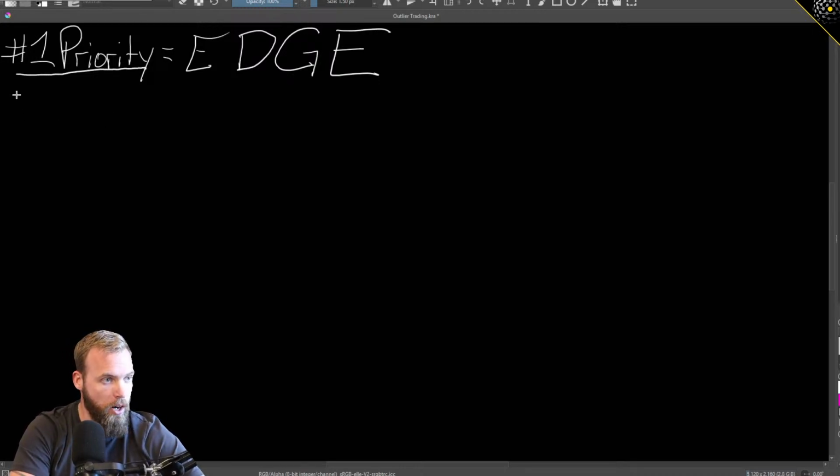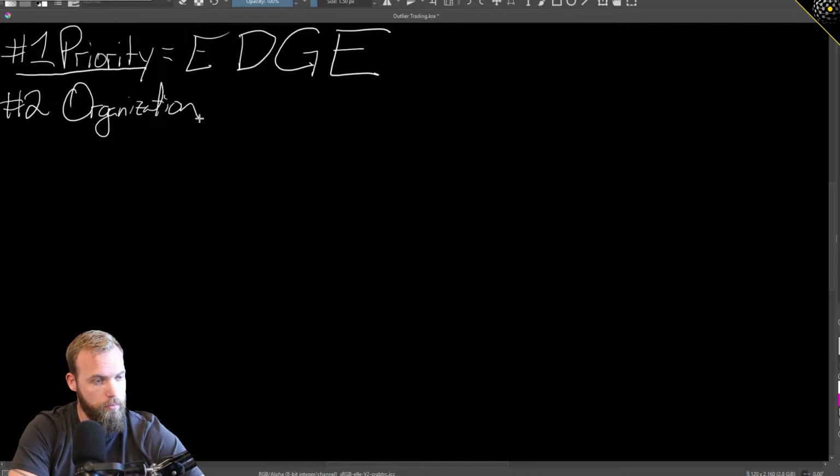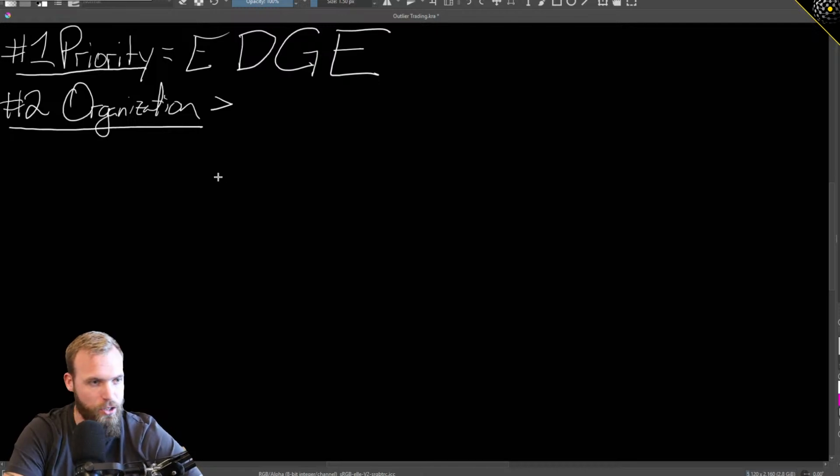The second priority, another exceedingly unsexy concept, organization. So this is beyond the documentation and all that stuff, right? It's going to be your trading plan, your trading log, yada, yada, yada. But in terms of organization, the other things I bucket into this are having defined goals.